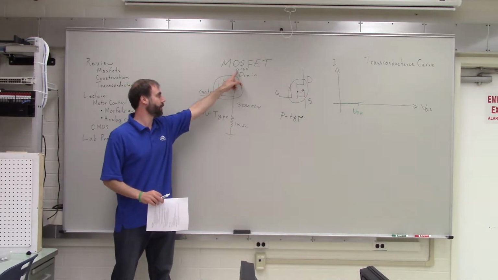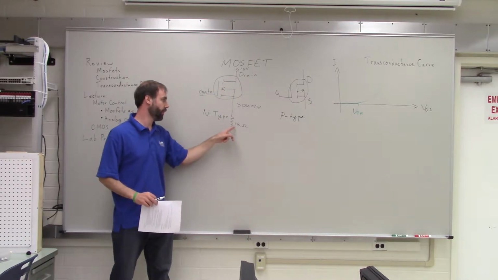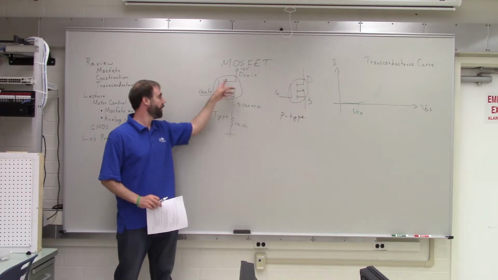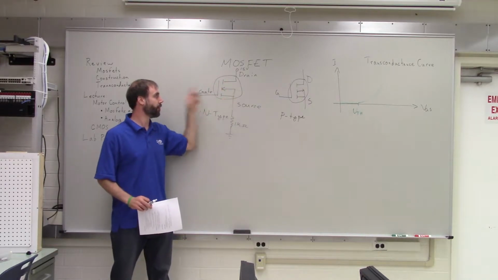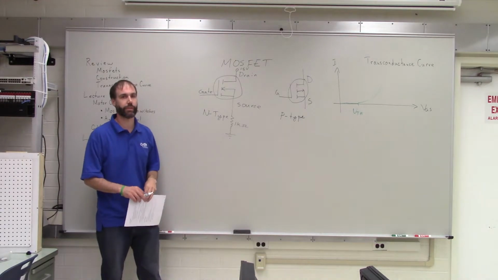Because you would have 15 volts wired directly to a 1 kilo ohm resistor, and the maximum amount of current that would flow through there is 15 milliamps. So the MOSFET only can impede the flow of current. It cannot add more current to the system.